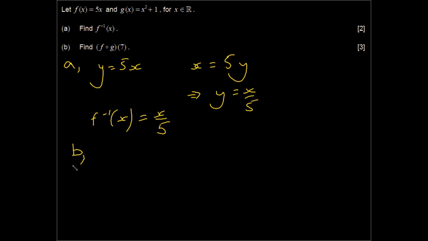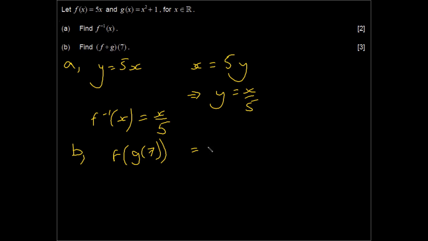Part B, it then says find f of g of 7. So what this means is first of all do the function g with 7, and then take the answer and put that into function f. So what that means is do f of g of 7. So I can just put 7 into this one, work out what I get, and then take the answer and put that into this one and then see what I get.